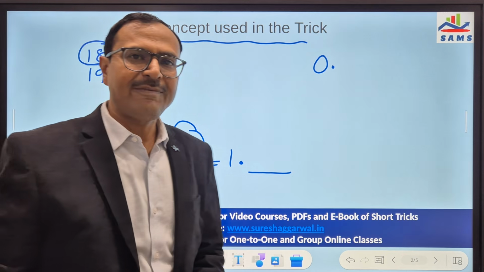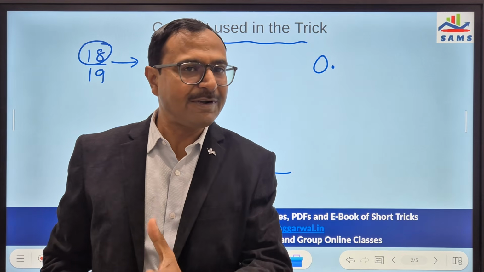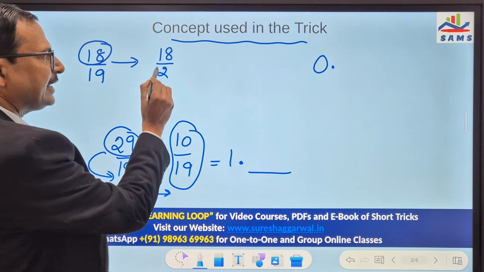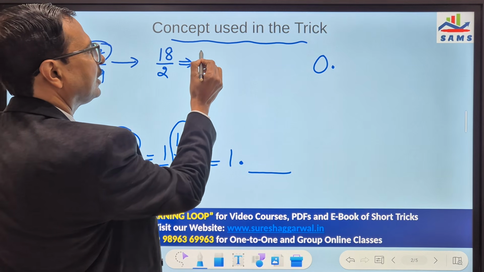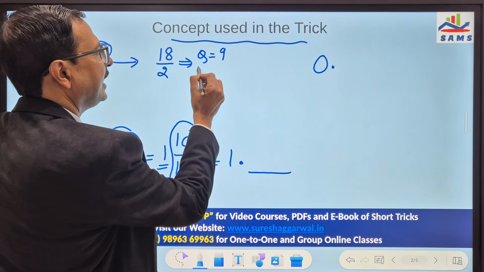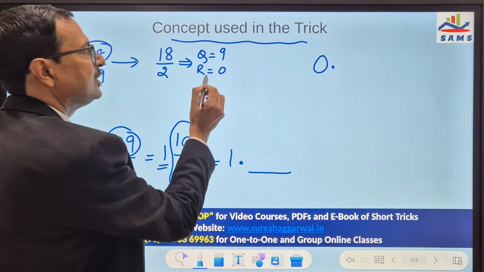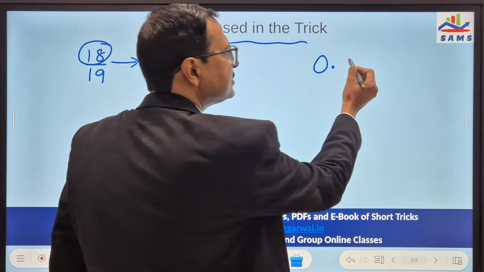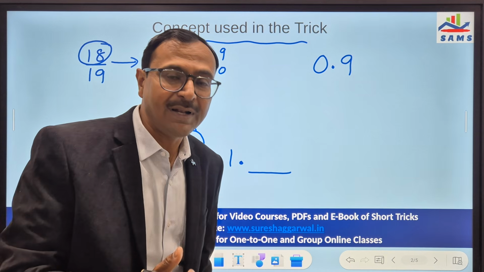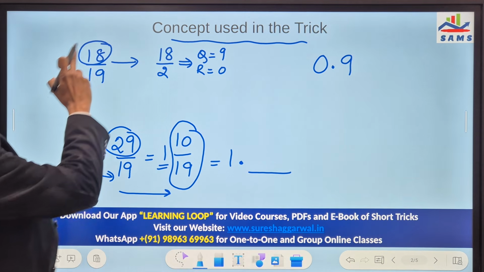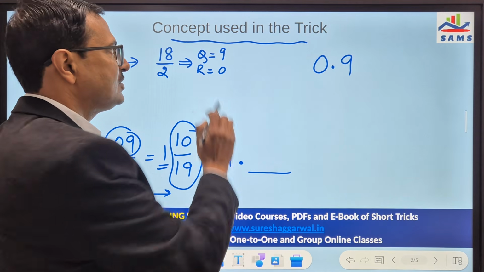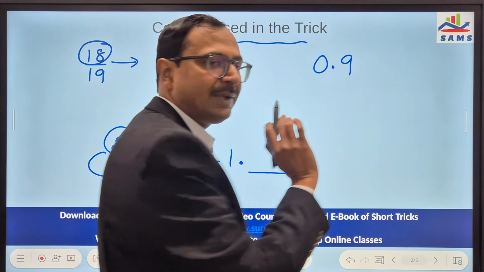Whenever you divide an even number by 2, the remainder will be 0. Here the quotient is 9 and the remainder is 0. The quotient 9 forms the first digit after the decimal when you divide 18 by 19.